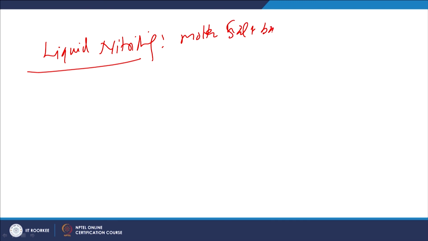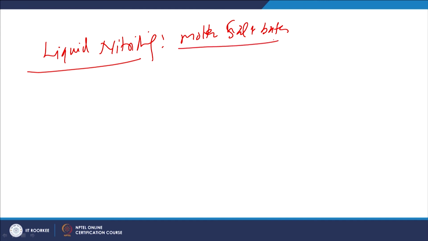So, starting with liquid nitriding. Like we have seen in the case of liquid carburizing, we use a molten salt bath. So, here also the molten salt bath is used.